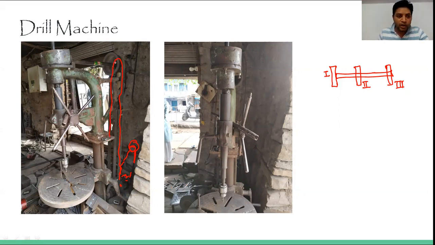Between that pulley, this shaft is welded. So when we start the motor, this rotates, and this will also rotate. The belt moves and the shaft also rotates. Inside this portion a bevel gear is mounted.